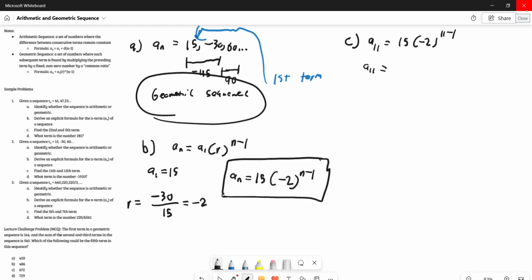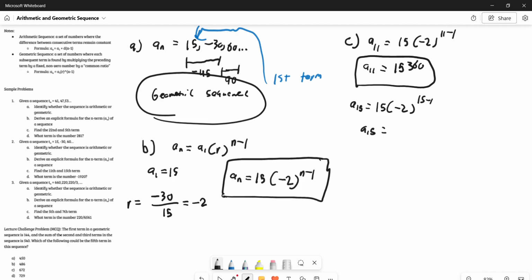So we'll get 15 times negative 2 to the power of 10, so the 11th term is 15,360. That's the answer. Now A15 is plugging in again. Use the calculator once again, and I get this.